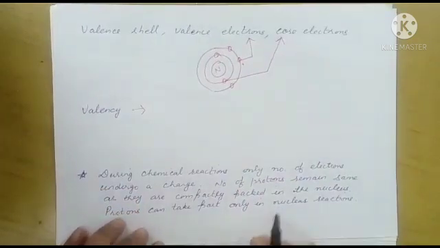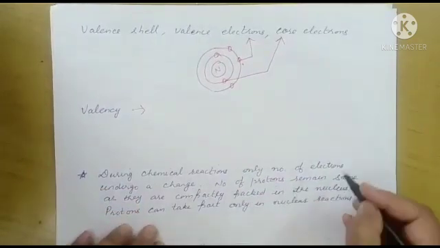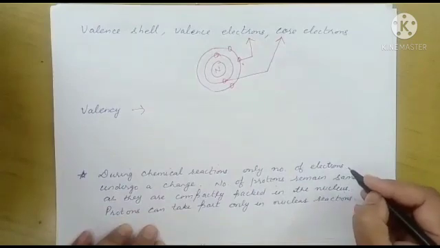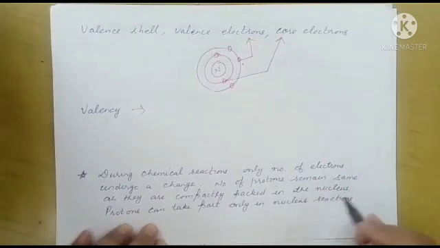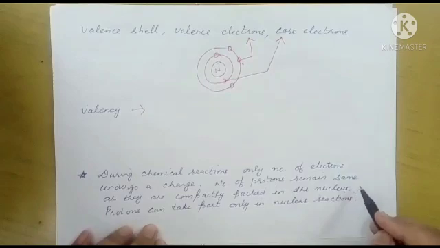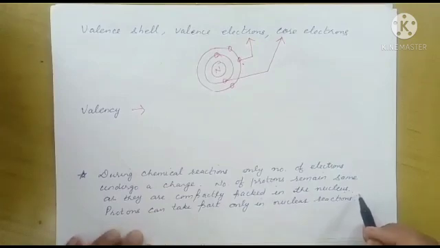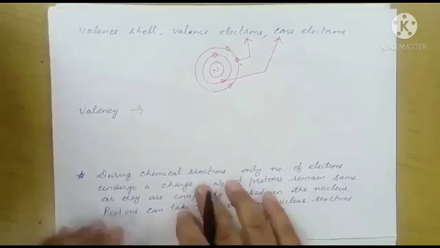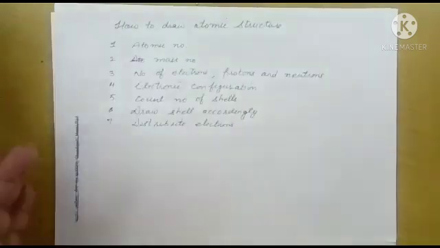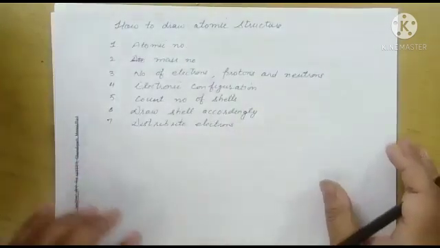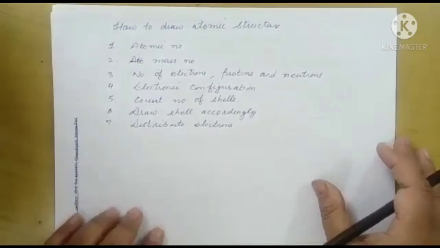Students, remember, during a chemical reaction only the number of electrons undergoes a change. The number of protons remains the same as they are compactly packed in the nucleus. Protons can take part only in nuclear reactions. Now, how to draw the atomic structure of an atom of an element?